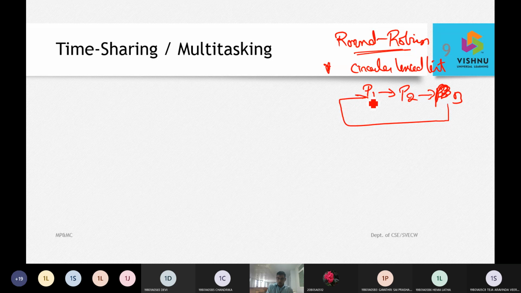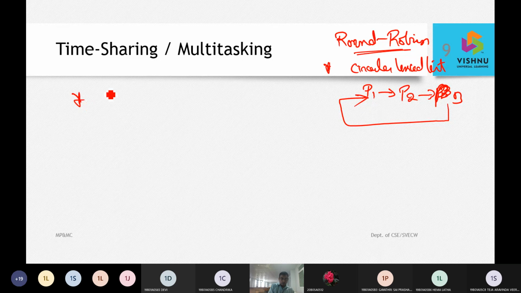Process P3 will now bounce back to process P1. In this way, we are going to have a chain, so obviously the multitasking is going to happen.